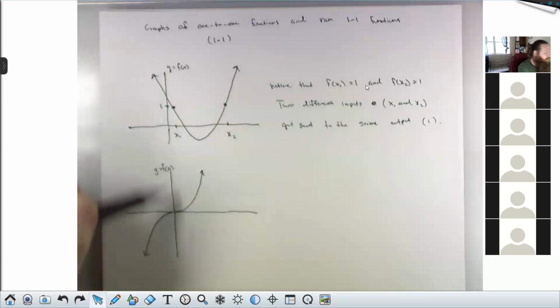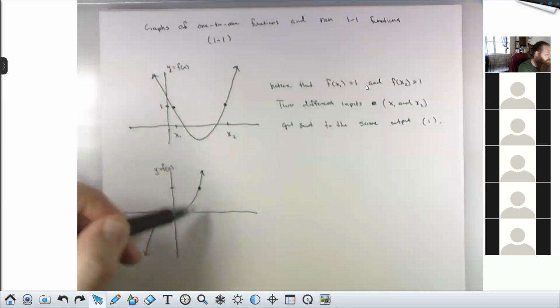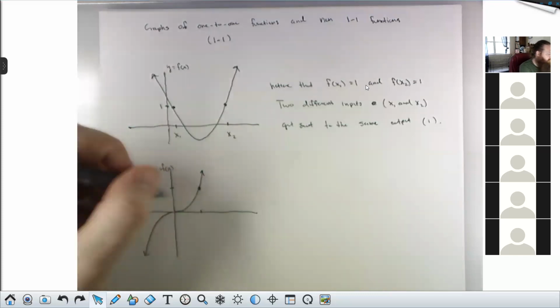No matter what output you pick, your favorite y value, there's only one point on the graph with that y value, which means there's only one input that gets sent to that particular output.